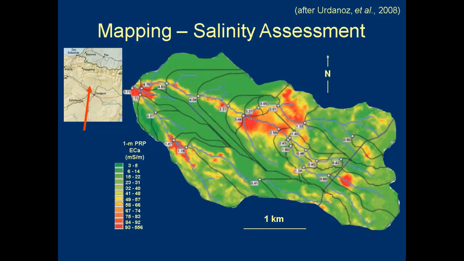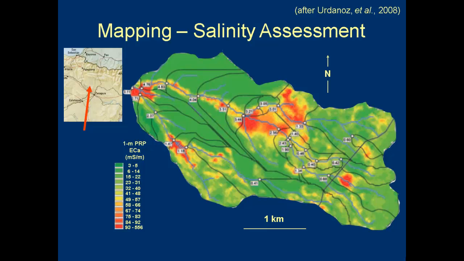The survey determined that much of the area has apparent conductivity less than 20 millisiemens per meter, but a few areas of high conductivity are potential sources of salinity. Additionally, there seems to be some salinization of drainages.